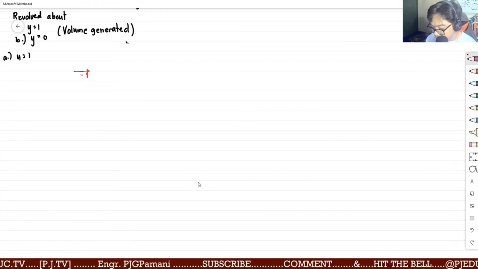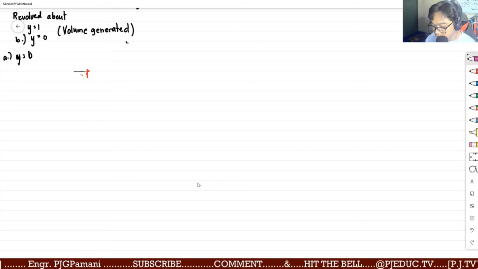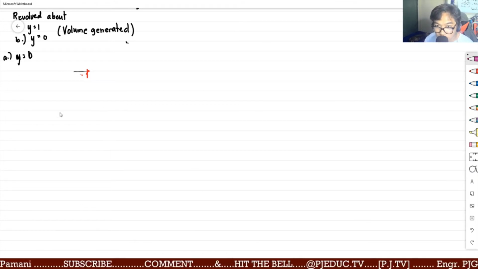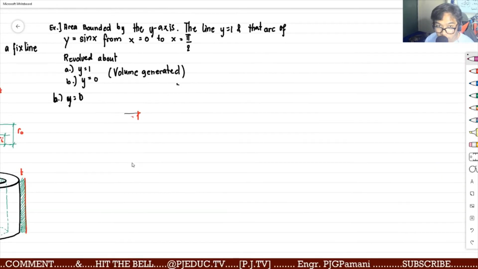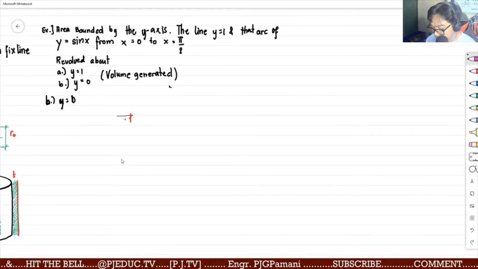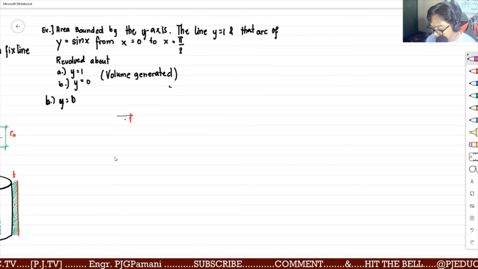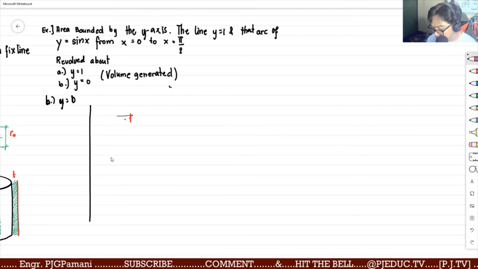Now, what if we are now asked to revolve that one arch along y equal to 0? Ano naman if it is y equal to 0? Same diagram.